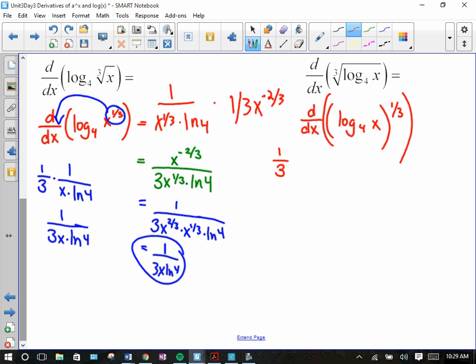So it's 1/3 times log base 4 of x. 1/3 minus 1 is going to be negative 2/3. And I multiply by the derivative of the inside, times 1 over x times the natural log of 4.